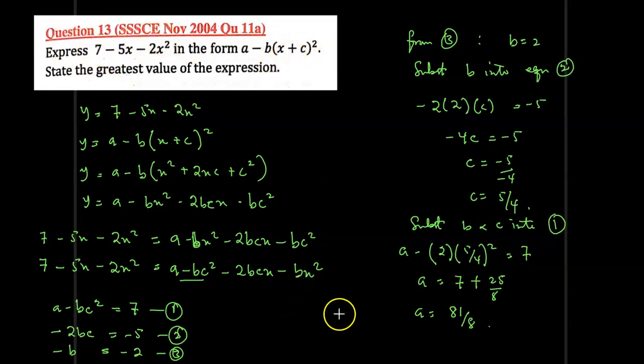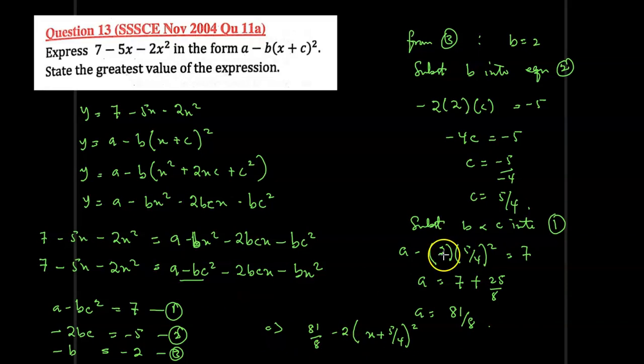So you just have to bring it back, and that will give us: a is 81 on 8 minus b value, which is 2, into brackets x plus c value. We saw that c value was 5 on 4 all squared. So that is the form in which the question needed us to write the function.